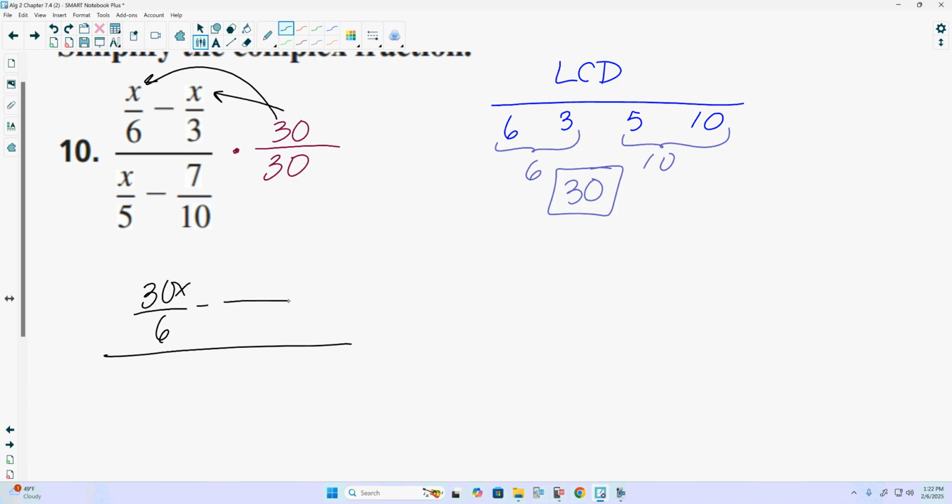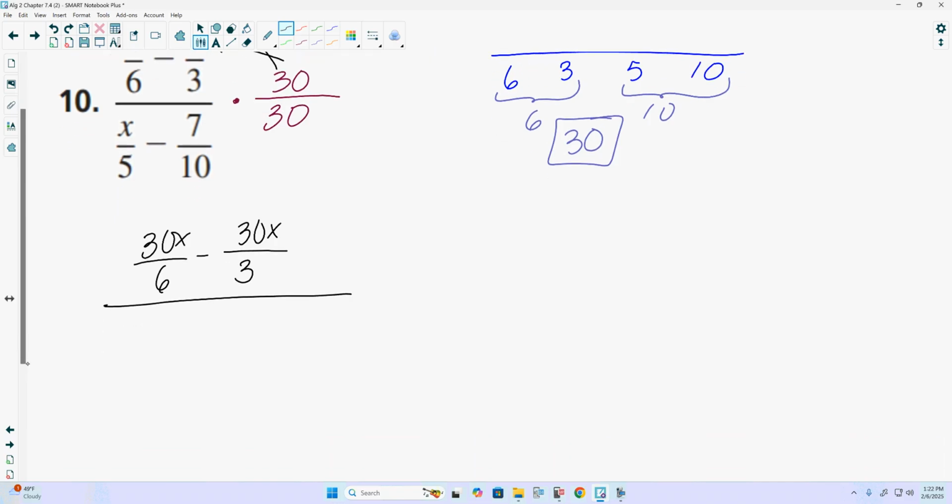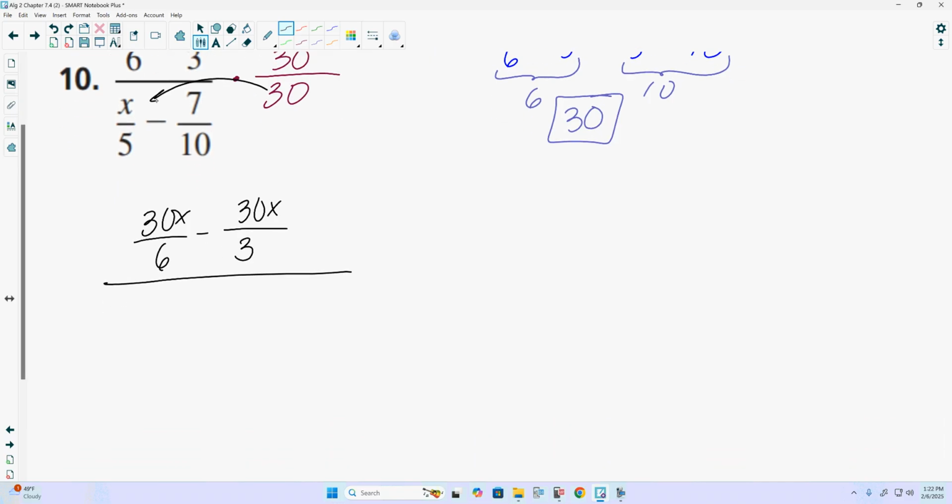Minus, well, 30 times x is going to be 30x. But this time it's over 3. We'll do the same thing with the bottom of the fraction. Our 30 times x is going to be 30x over 5. Minus 30 times 7 is 210.